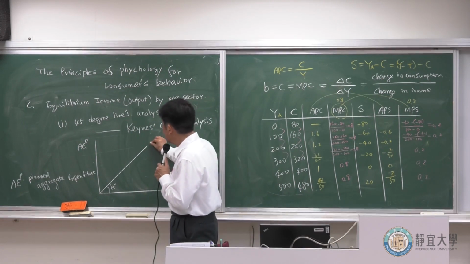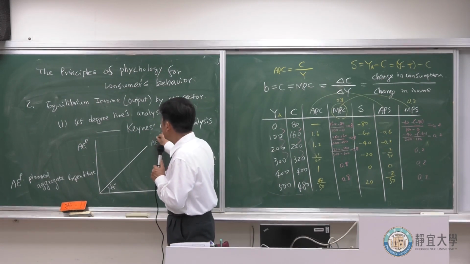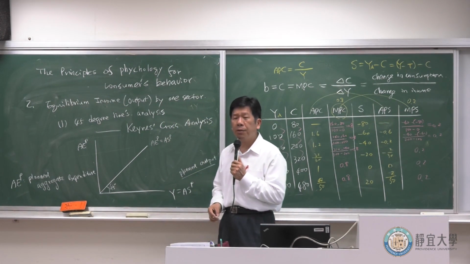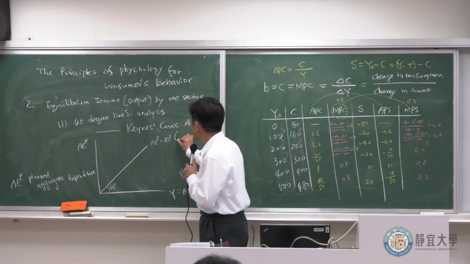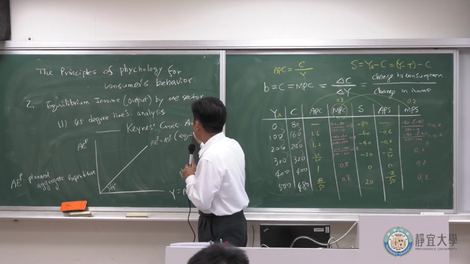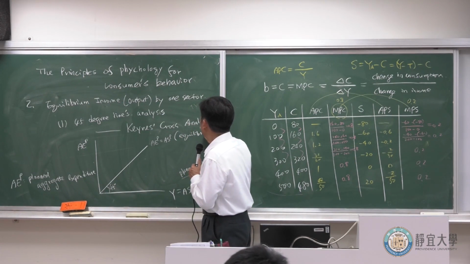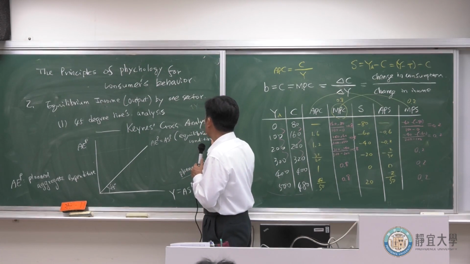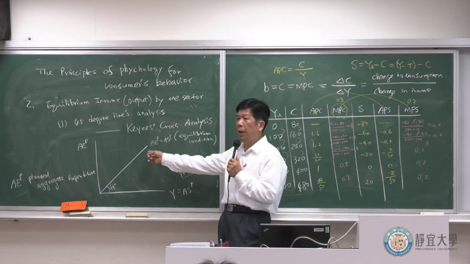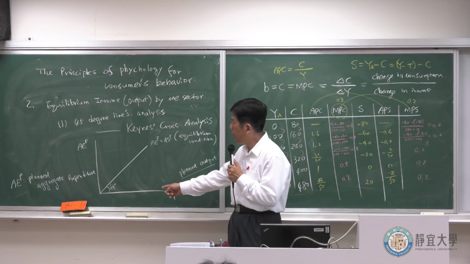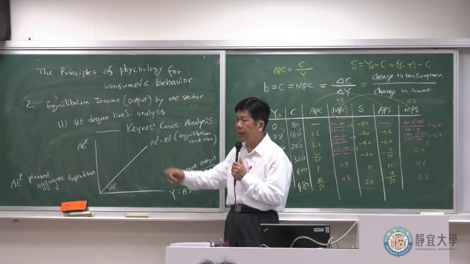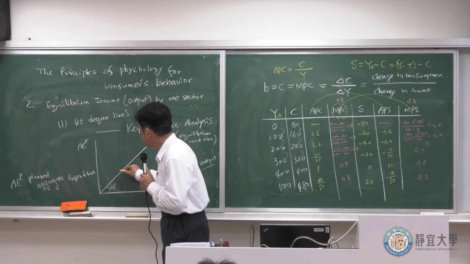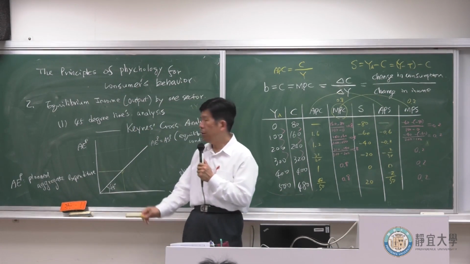You can see this represents AEP equal to ASP. So actually this represents the equilibrium condition. It means each point, to the x axis or the y axis, will be equal. This point to here and to here, they will be equal.